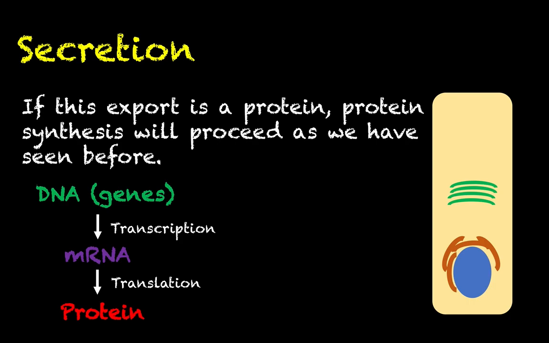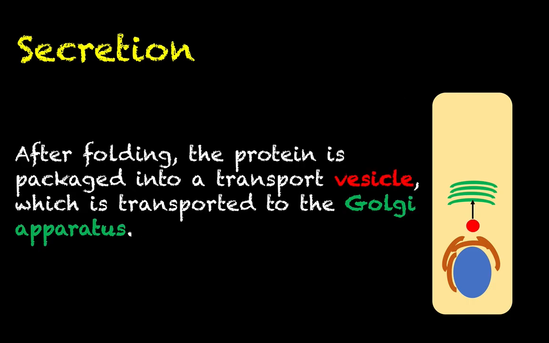How do we take that protein that we just got done making, and how do we export it out of the cell? So after folding, the protein is packaged into a transport vesicle, and this usually applies to ribosomes that are building proteins in the rough endoplasmic reticulum, because since there's ER membrane already there, it's usually not hard to package that protein up in some membrane that is there.